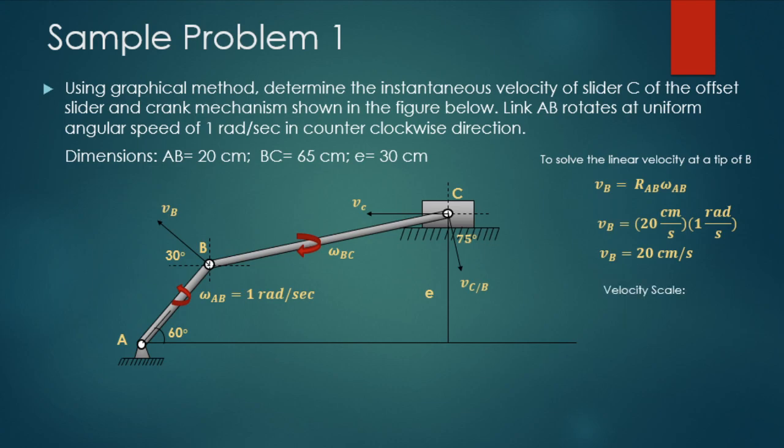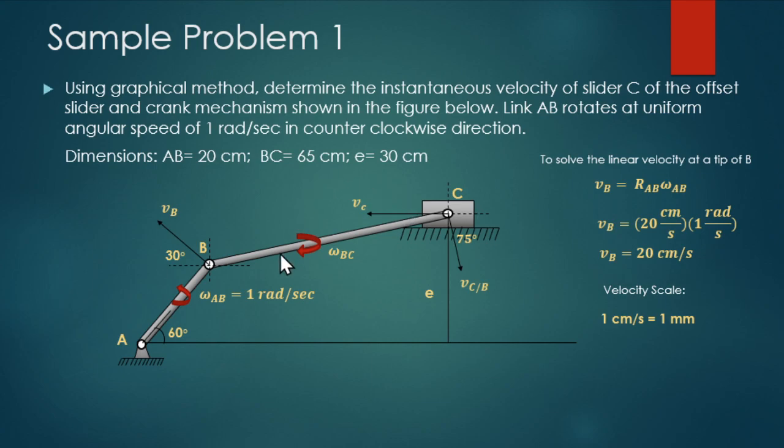So in a velocity scale, we can say that your 1 centimeter per second is equivalent to 1 millimeter. So the magnitude of your velocity V is equals to 20 centimeter per second. But in your graphing paper, the length of your velocity is equivalent to 20 millimeter.